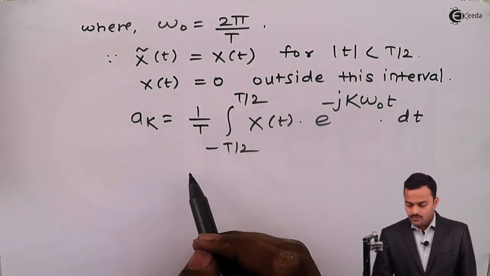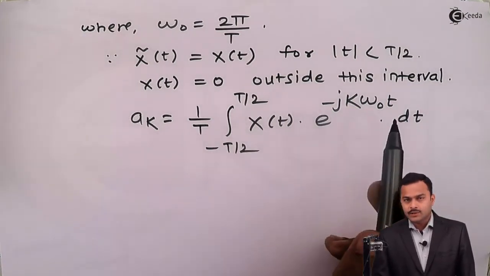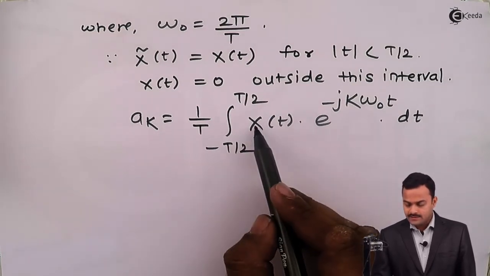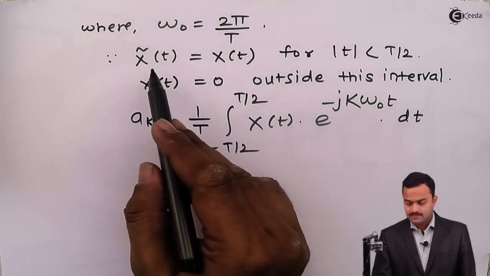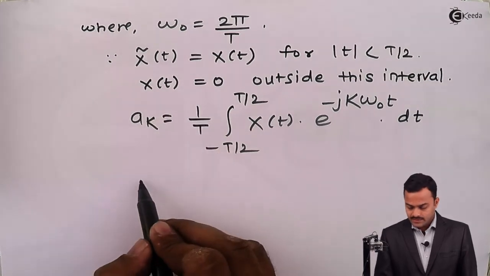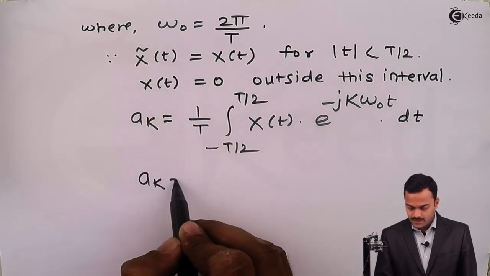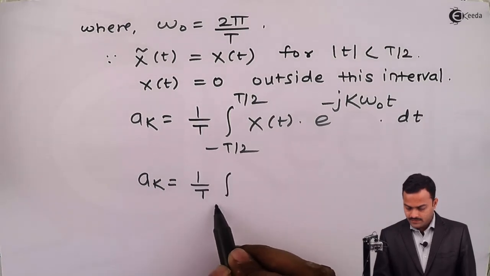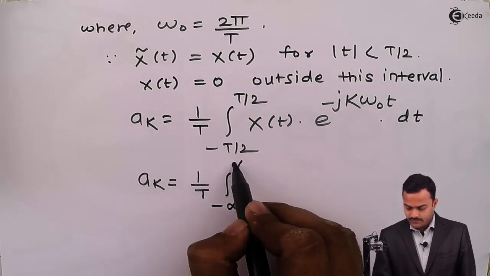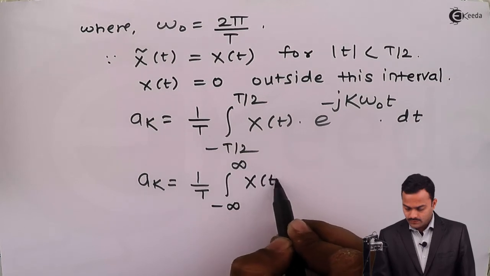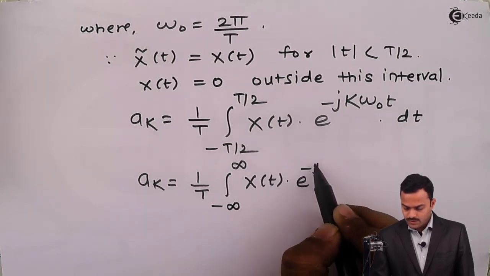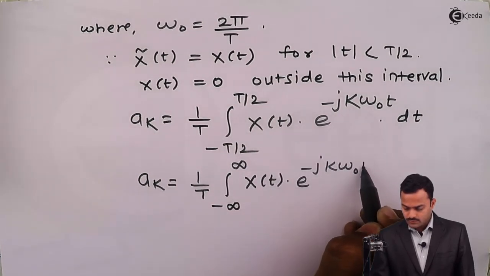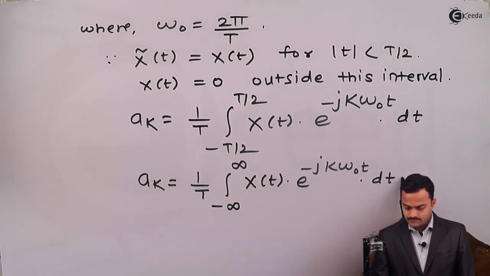Now, as T tends to infinity, x of t is the same as x bar t. So I can say this ak is 1 by T integral minus infinity to infinity x of t e raised to minus j k omega 0 t dt.